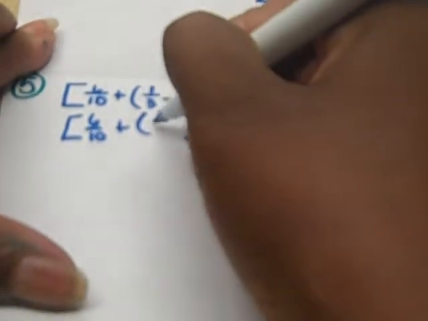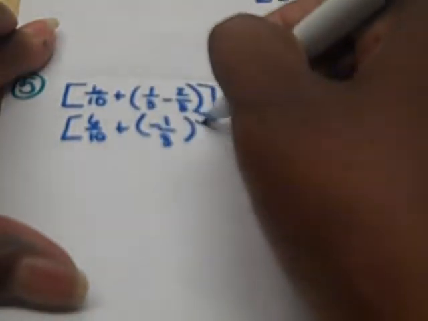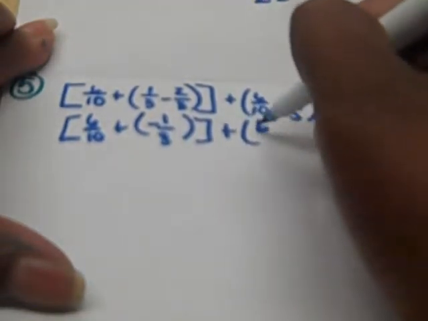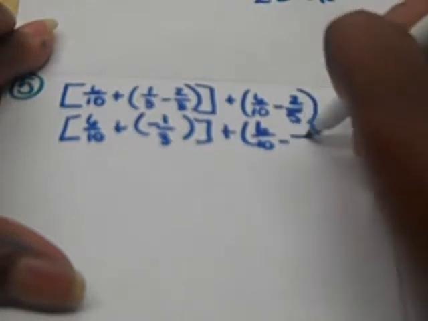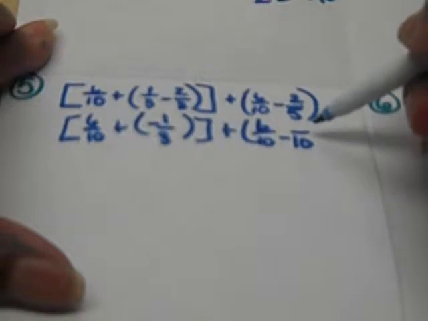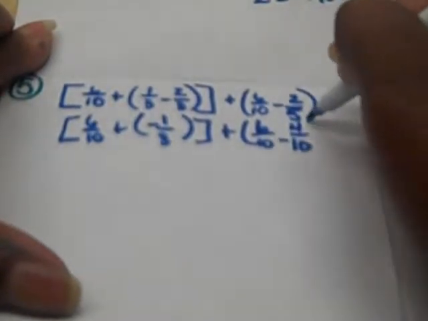So I can just do the math, and that will be negative 1/3. Plus, here I have 6/10 minus, with the common denominator, I'm going to place 10 as that denominator. 5 times 2 is 10, so I need to multiply 2 times my 2 up here. That's 4/10.